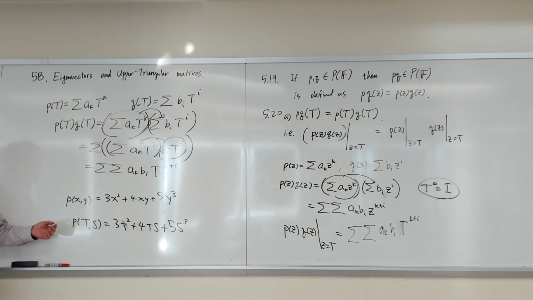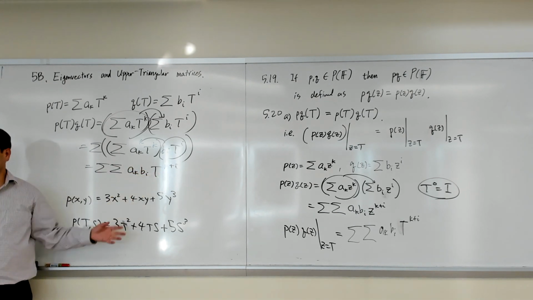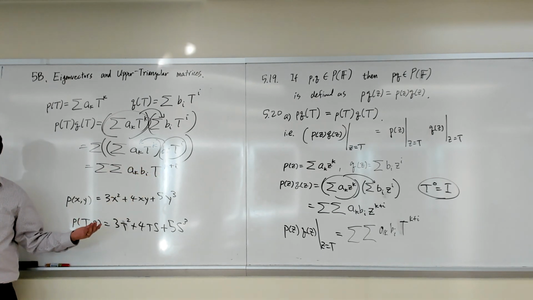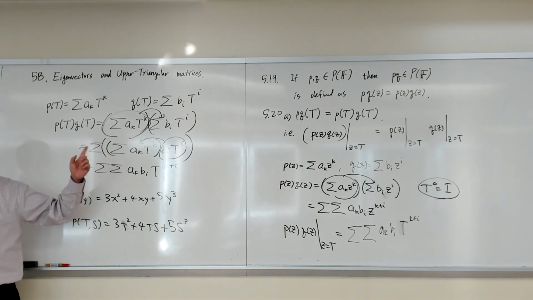But if you define multivariable polynomials of operators and try to do something similar, then that kind of thing wouldn't work because S and T need not commute. This kind of thing only works because T commutes with itself, and T also commutes with the identity.